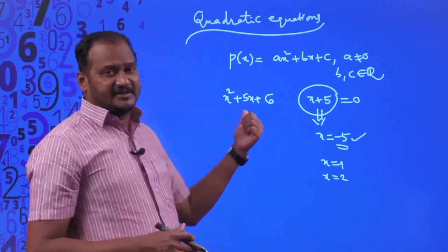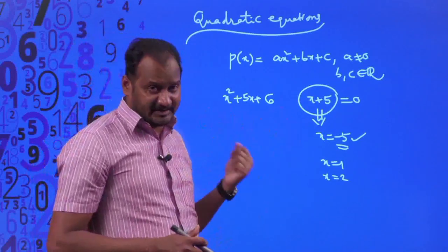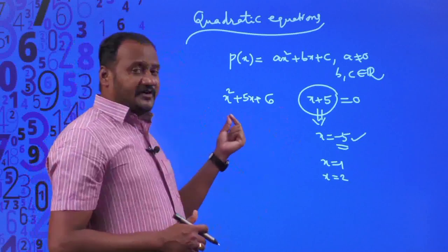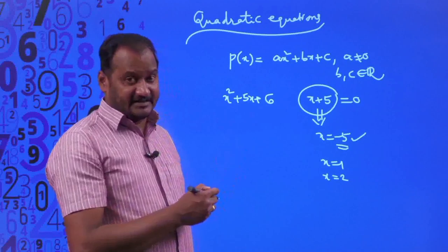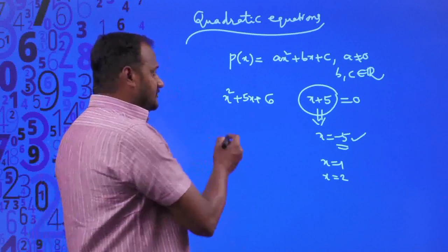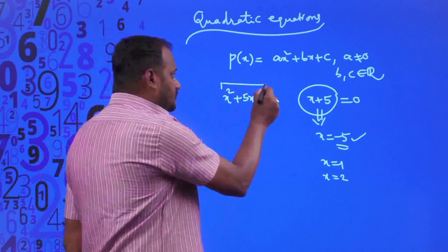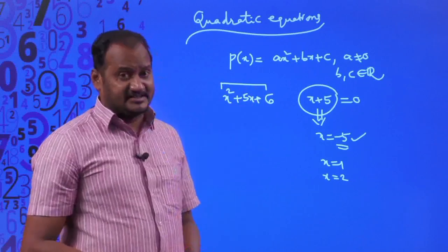Similarly, x square plus 5x plus 6 is a second degree polynomial. If you want to find the zeros of the polynomial, then you will have to factorize this by the splitting the middle term method or any of our algebraic methods. So now let us try to understand how to split this middle term by the factorization method.